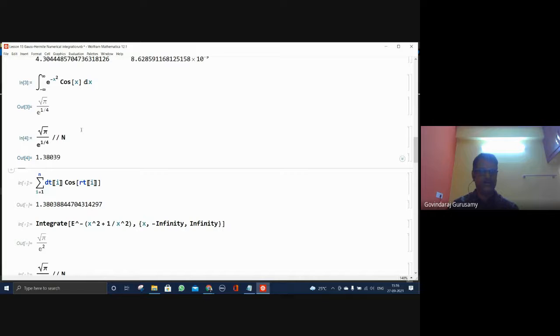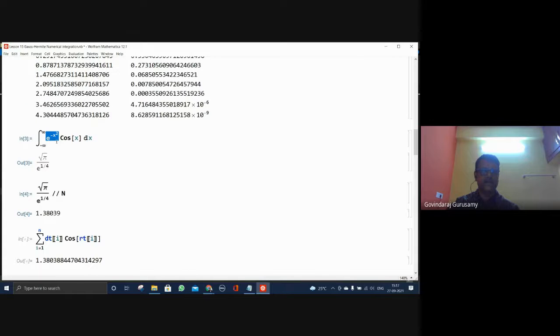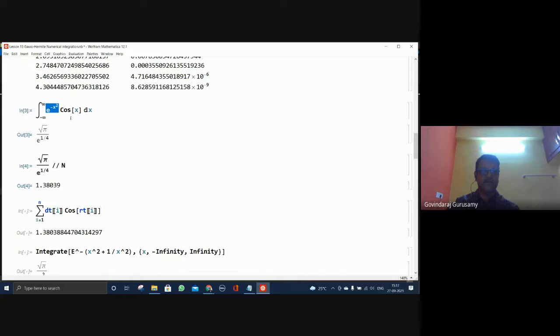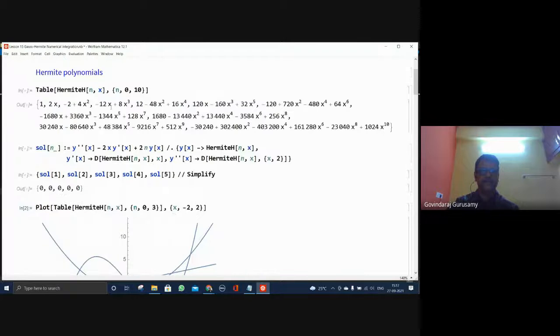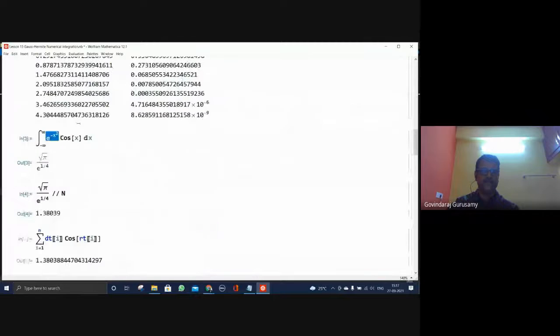Numerically it can be found. And see, I am not retaining this e power minus x square, that's a part of your integrand. So it is enough to have cos x, because this e power minus x square is a sort of weight function for the Hermite. Hermite polynomial has a weight function of e power minus x square.